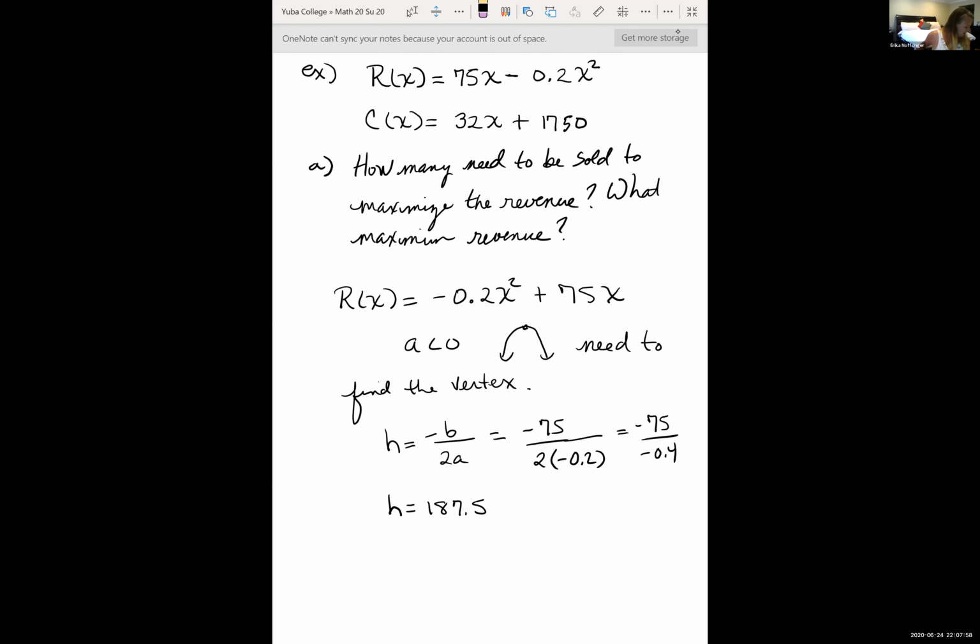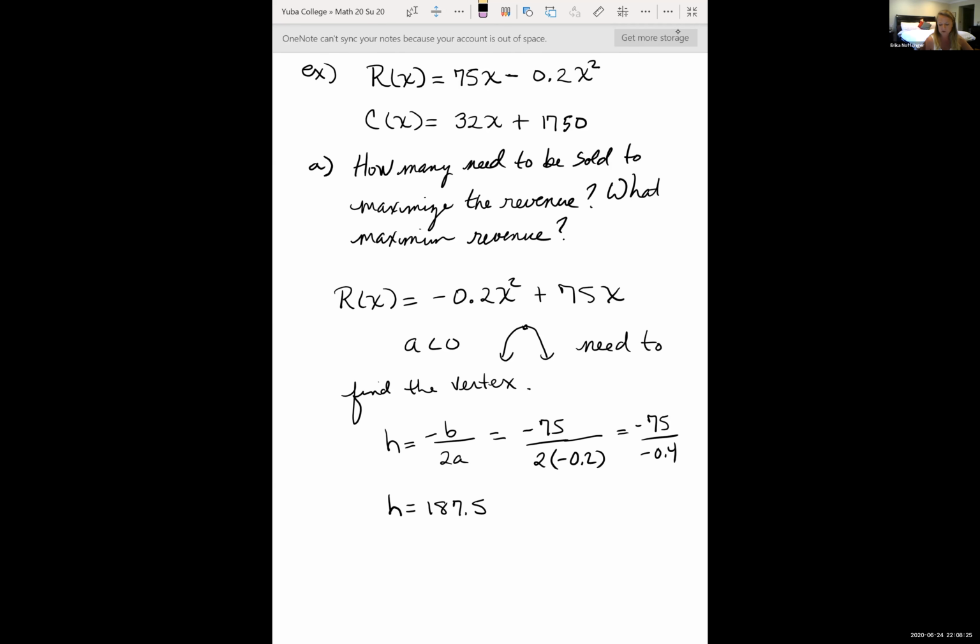Sorry, I'm trying to figure out which problem I'm on. Okay. So, how many wristwatches? I was looking over here because I noticed that my answer was not a whole number and I was trying to figure out how they wanted us to express this.